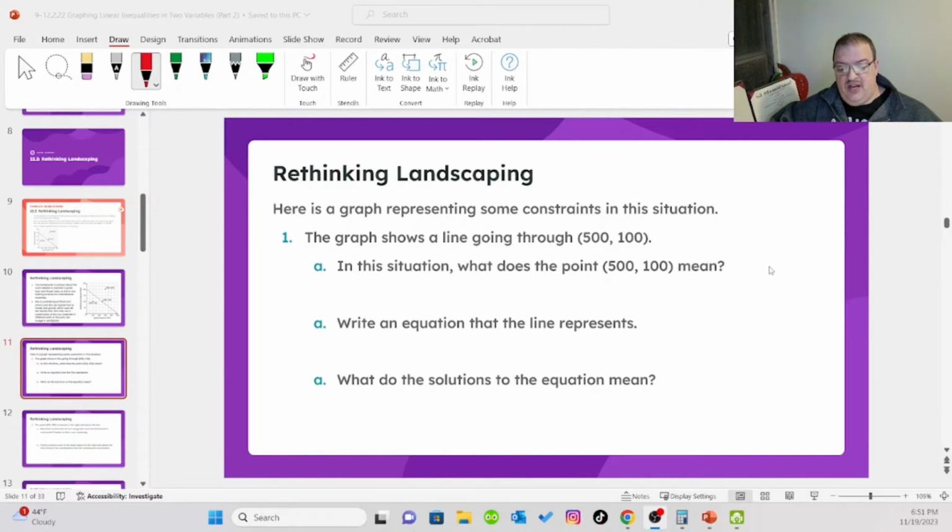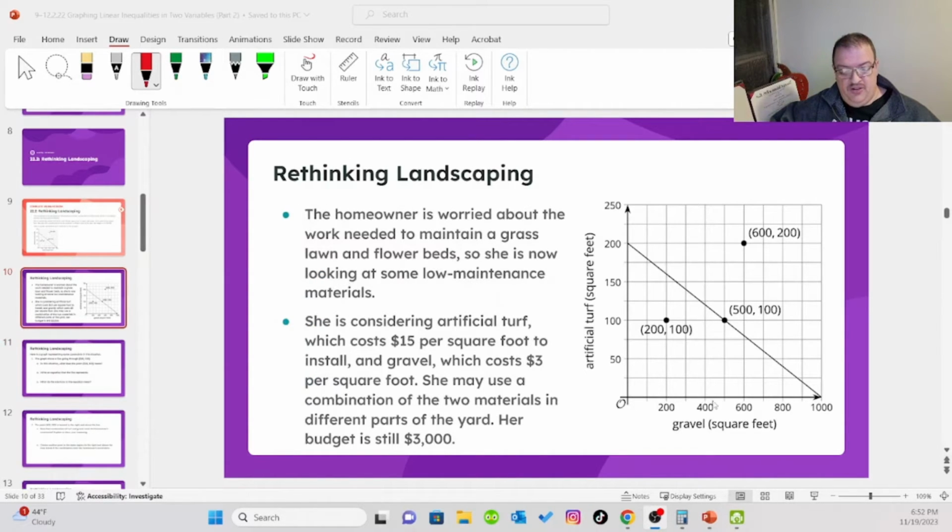On the previous slide, they give us a graph representing some constraints in this situation. The graph shows a line going through the point 500, 100. In this situation, what does the point 500, 100 mean? 500 is our x, so that means 500 square feet of gravel.